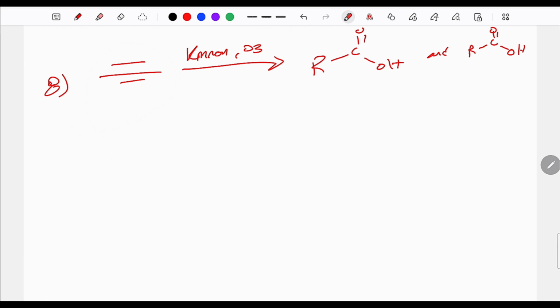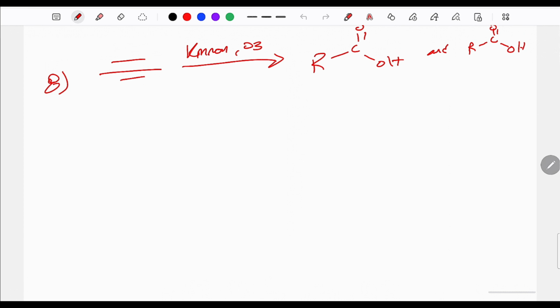Okay, and the alkene one also consisted of KMnO4, not ozonolysis with alkenes. If I use a terminal alkyne, it will still give me a carboxylic acid, but it will give me a CO2 just like before with KMnO4.